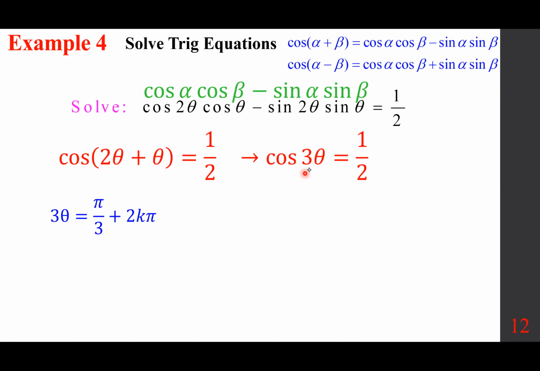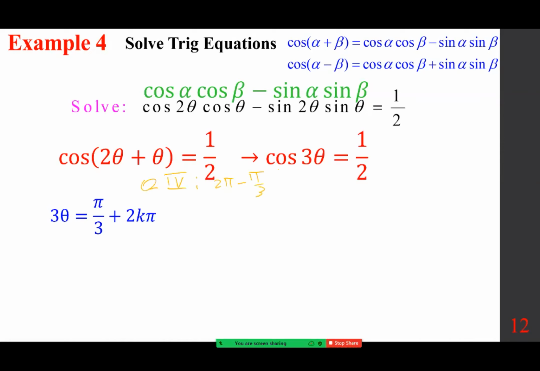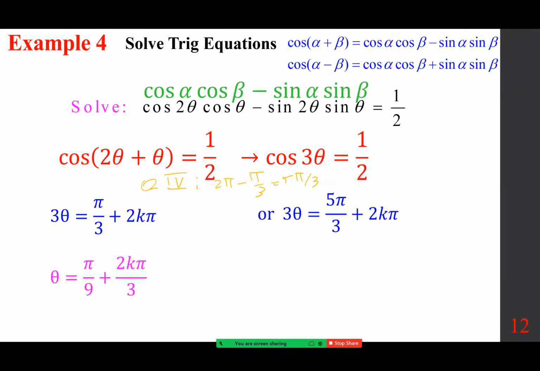In the fourth quadrant, 2 pi minus pi over 3 gives us 5 pi over 3 plus 2k pi. We divide both sides by number 3. Pi over 9 plus 2k pi over 3, 5 pi over 9 plus 2k pi over 3, and we are done if we want the general format.